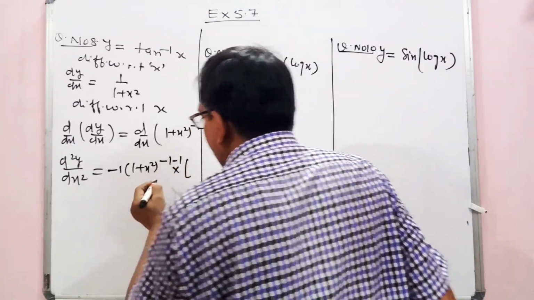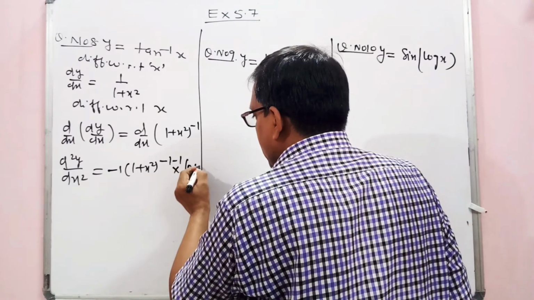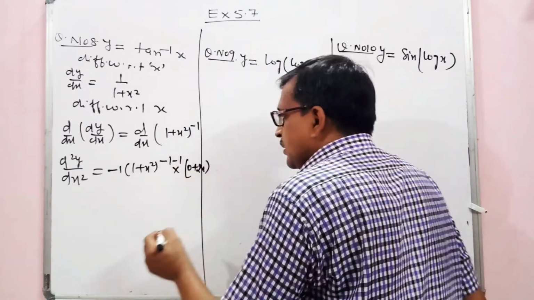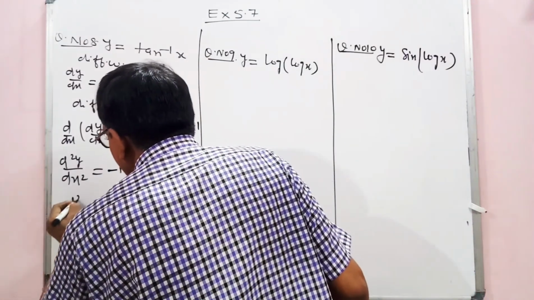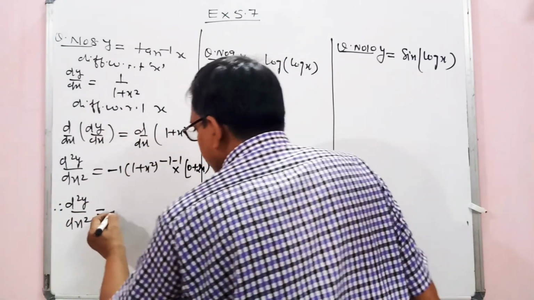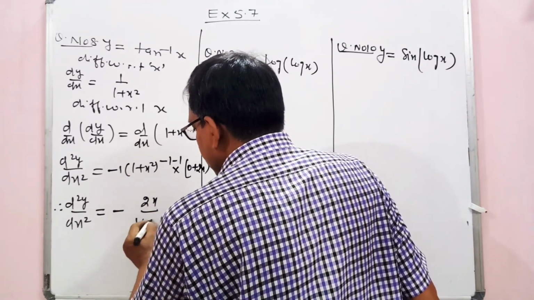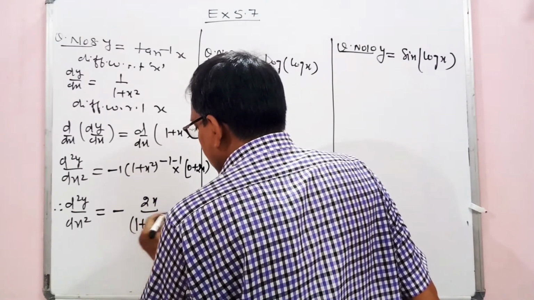Now the differential of 1 plus x square: 1 differentiates to 0 and x square gives 2x. Therefore d square y by dx square equals minus 2x, and downward we add 1 plus x square whole square.